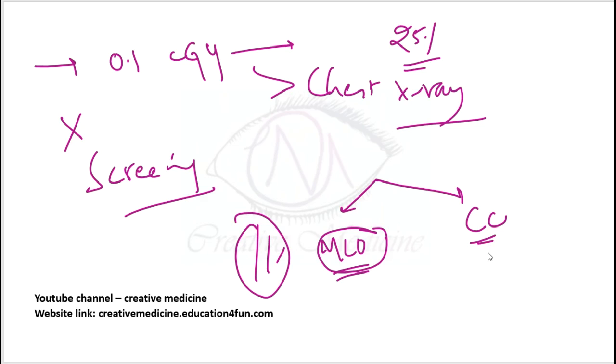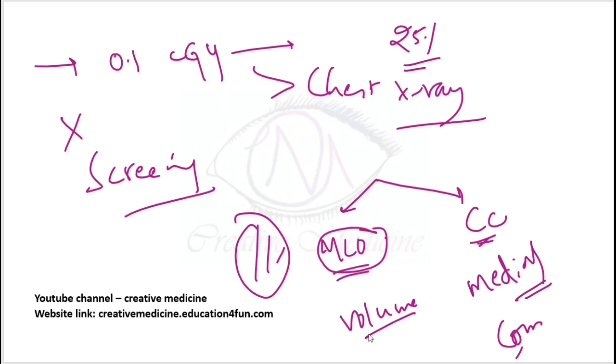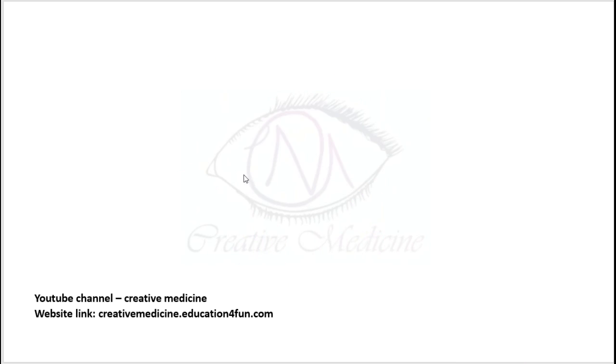Whereas the craniocaudal view provides better visualization of the medial aspect of the breast and permits greater breast compression. So breast volume is given by the mediolateral oblique view, whereas breast compression is given by the craniocaudal view.